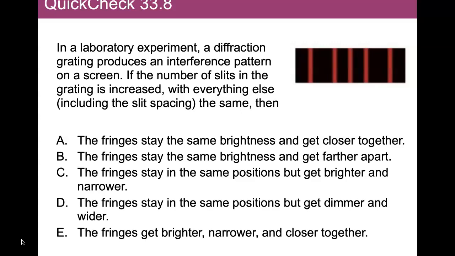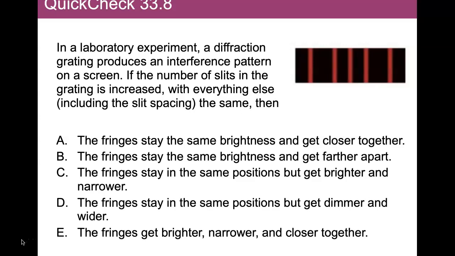Well, we just found the expression for the positions of the fringes. The condition was that d sine theta is an integer multiple of lambda, the wavelength.